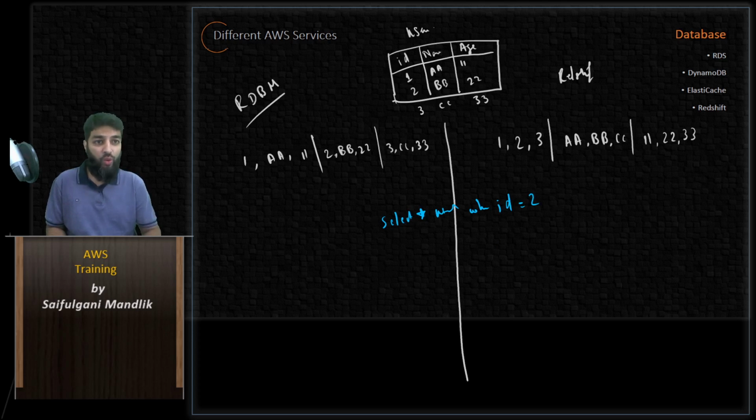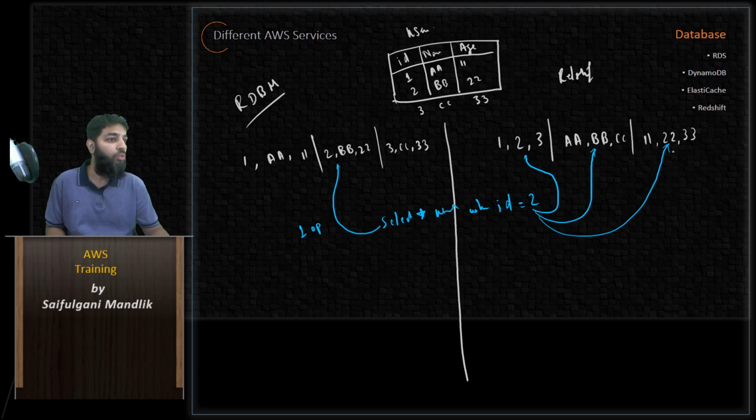Now, when this query runs in an RDBMS, all it has to do is come over here, just one read operation, and retrieve the whole record. Whereas if this same query runs in Redshift, it will have to first retrieve 2, one read operation, then retrieve BB, and then retrieve 22.